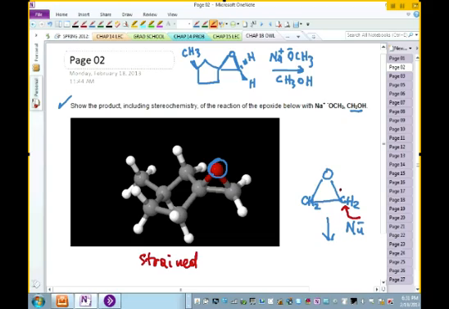The oxygen will open up very readily, so the oxygen becomes a leaving group. And then what do you have?